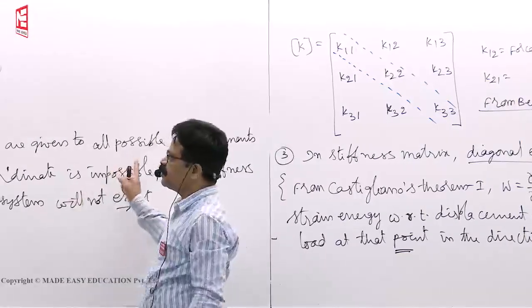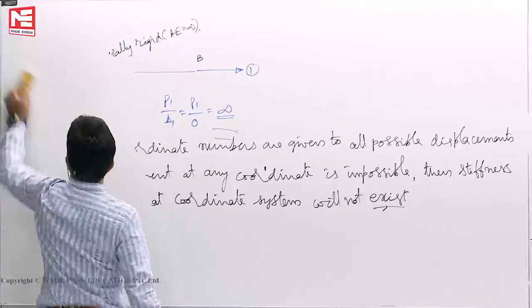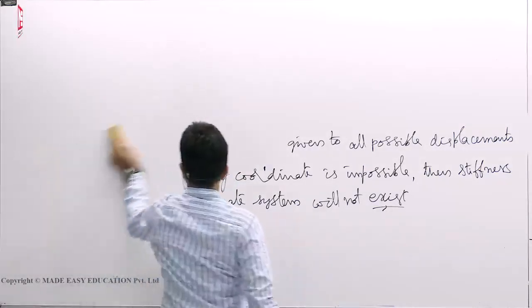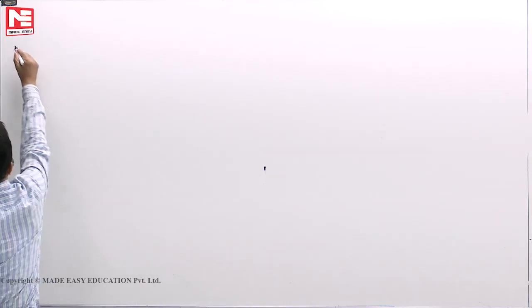Now let us see how numericals come on the development of the stiffness matrix. Now let us see the numericals.